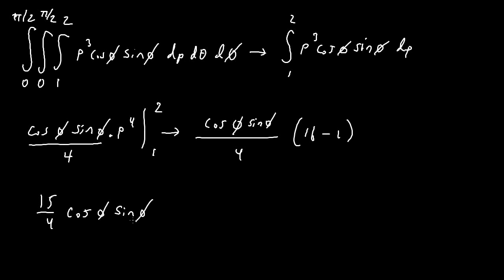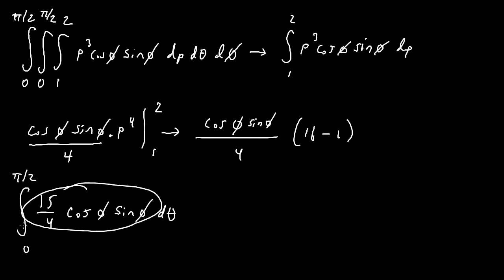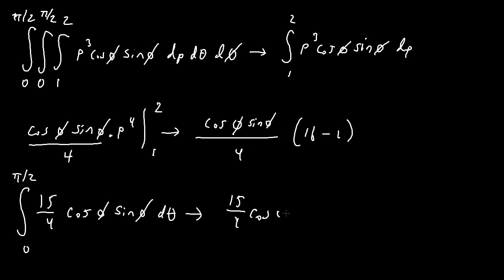So now we can go ahead and evaluate the middle integral from 0 to pi over 2, this time with respect to theta. So this entire thing, 15 over 4 cosine phi sine phi, is a constant in this case. So the integral will just be 15 over 4 times cosine phi times sine of phi times theta. Let's evaluate from the theta bounds of 0 to pi over 2.